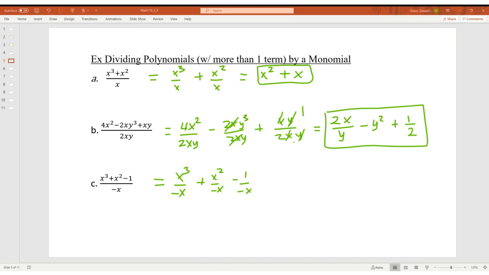Okay, write down the terms. First, what is x cubed divided by negative x? And x squared divided by negative x.